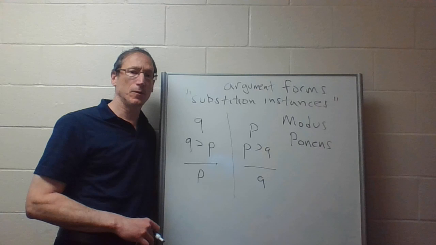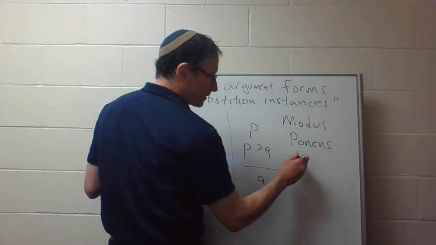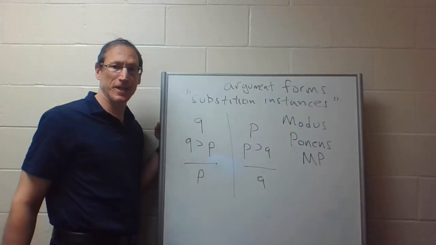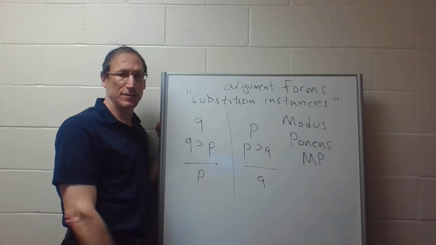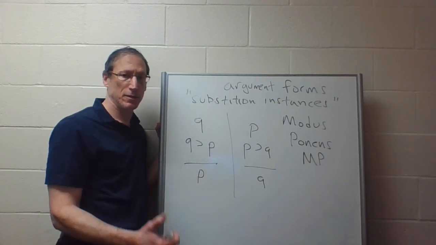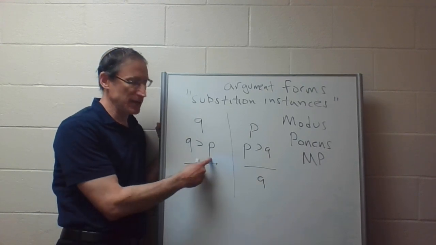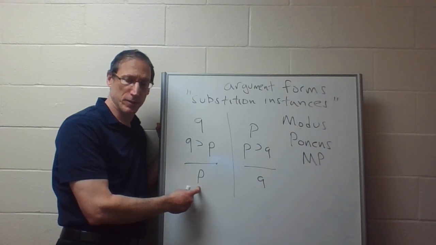You can read in the book why it's called modus ponens, but we would abbreviate modus ponens by MP. So modus ponens, or MP, is the name of this argument form. You have a conditional, then you have the antecedent of the conditional, and what you infer is the consequent of the conditional. That's modus ponens.